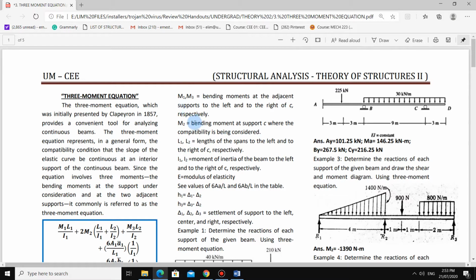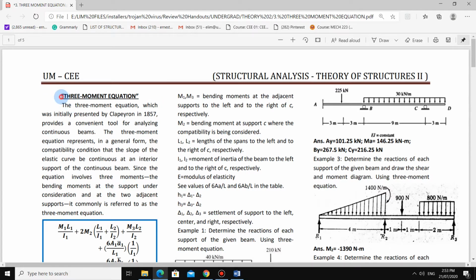For me, the three-moment equation is the fastest method to solve indeterminate beams. It is faster than SDM, MDM, and the method of least work. So we need to discuss this.